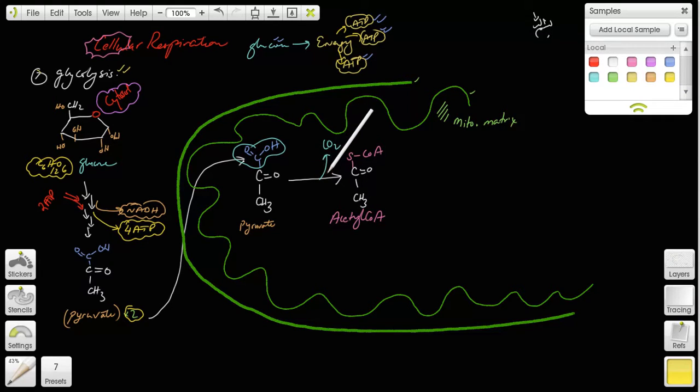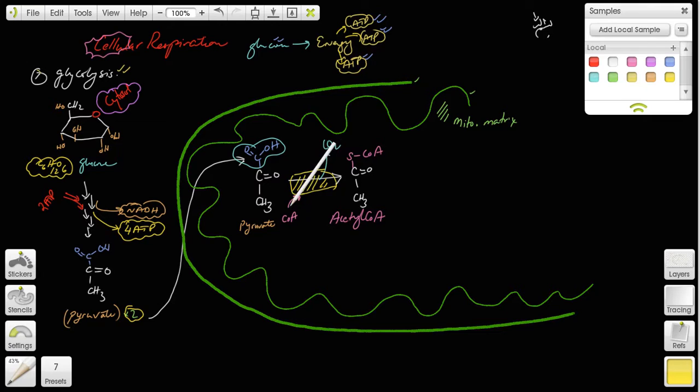Okay, this reaction is catalyzed by an enzyme, and the enzyme requires a coenzyme. A coenzyme is like a Batman-Robin type of relationship. It's a helper of an enzyme, so that's called CoA, so coenzyme A. So coenzyme A is kind of like a helper of the enzyme.